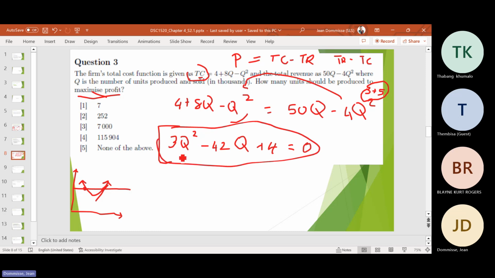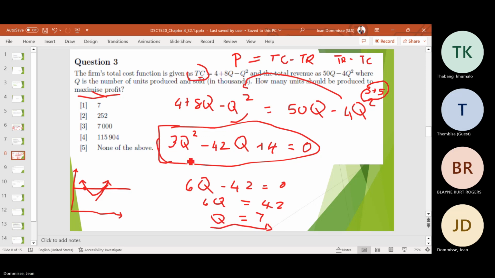So when we differentiate this formula, we get 2 times 3 is 6q, that becomes minus 42, that is equal to 0. So then on this side, we've got 6q, on the other side, we've got 42. We divide by 6, so q is equal to 7.